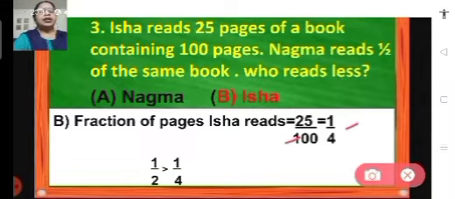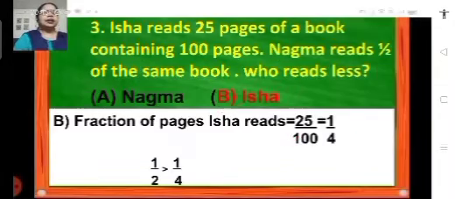Now we have to compare 1 upon 2 and 1 upon 4, and we know that 1 upon 2 or half is greater than 1 upon 4, isn't it? So who reads less? It is Isha, isn't it? It is 1 upon 4. So option B is the correct answer.